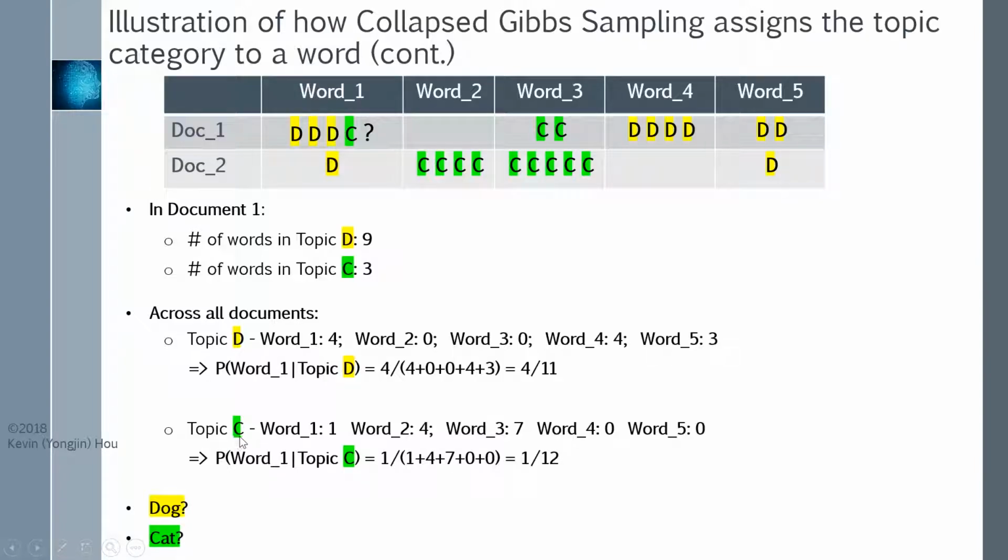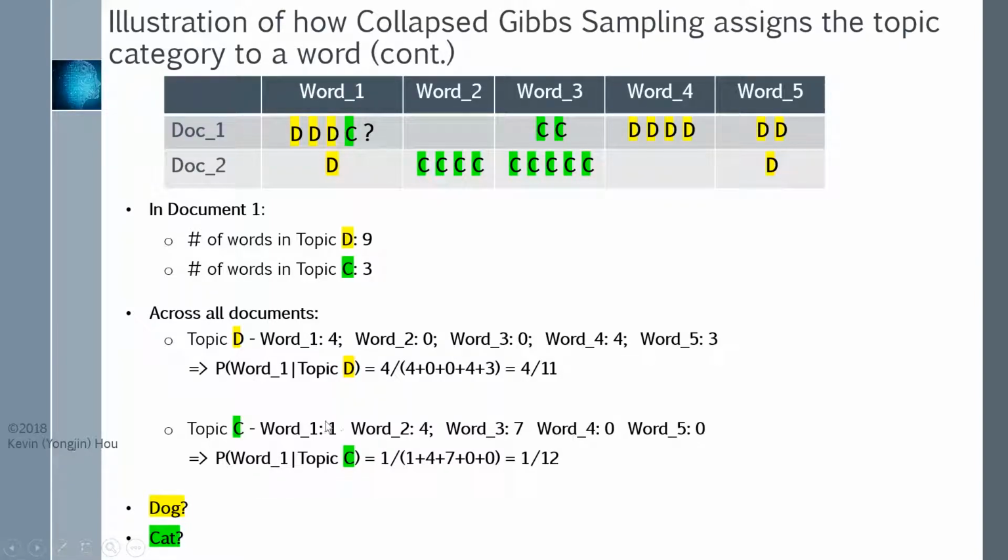Similarly, we do topic C. We look across the 2 documents. We realize that the first word is only used once under topic C, the second word has been used 4 times, the third word has been used 7 times, the fourth word has been used 0 times, and the fifth word has been used 0 times for topic C. Now again, given topic C, what's the probability of containing the first word?